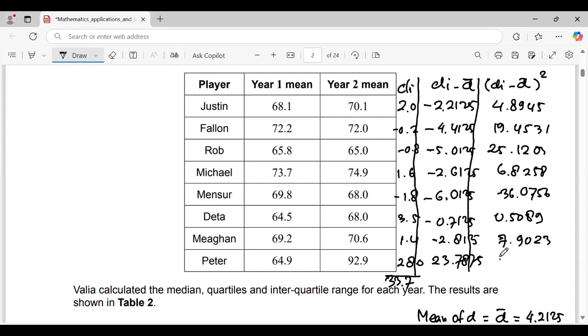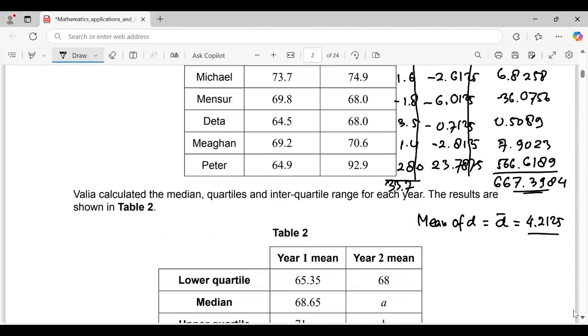And this one 566.6189. And if you calculate all these numbers, the result is 667.3984. This number. Next. So after that, we're going to determine the standard deviation.